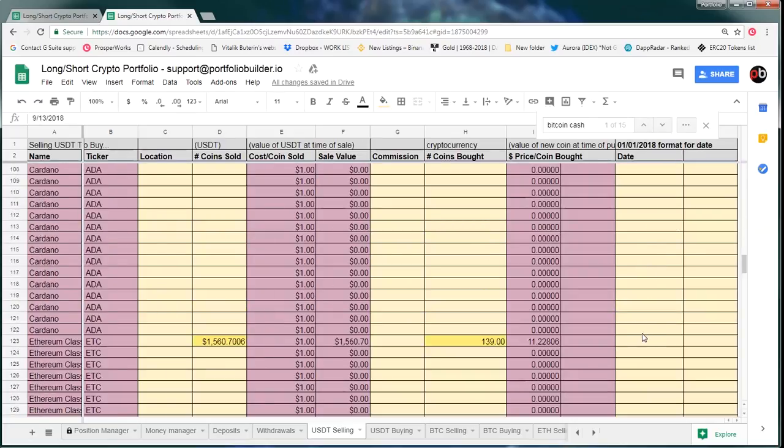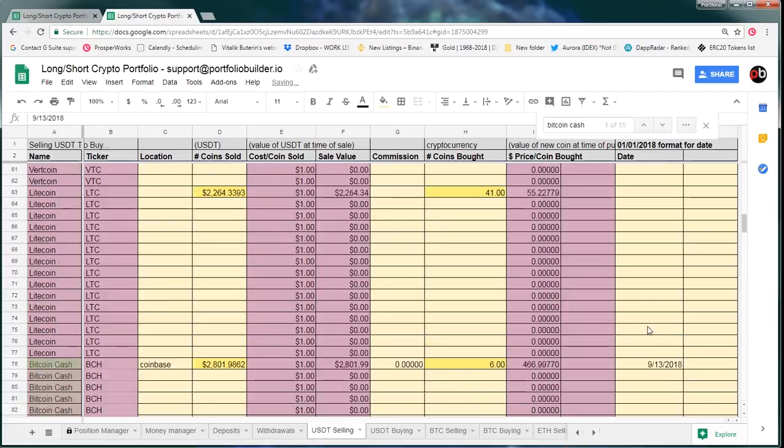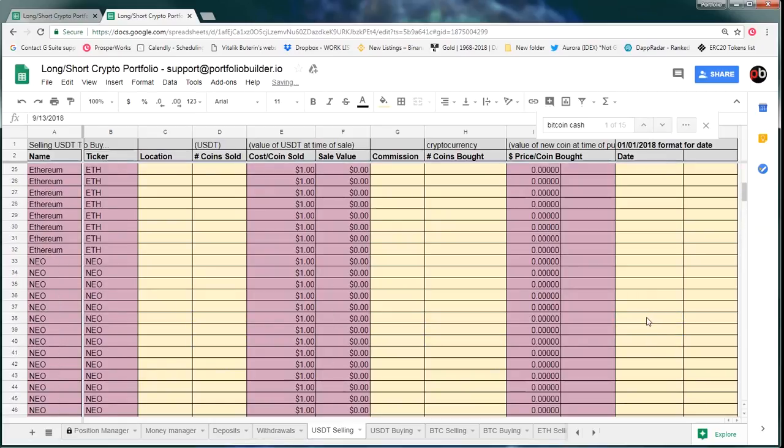I can copy my date to all these trades. So I've just purchased 4 of my positions at Coinbase.